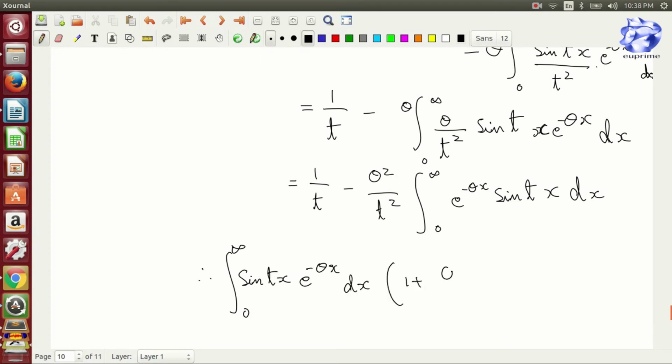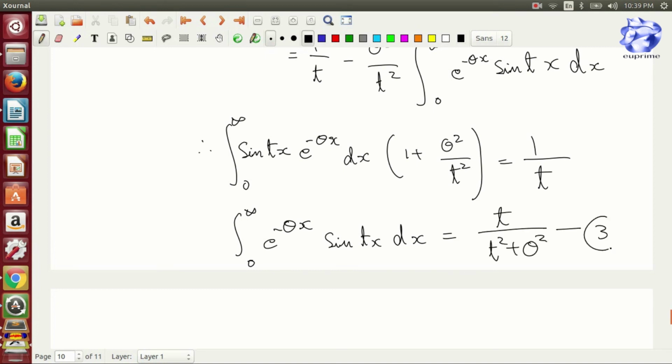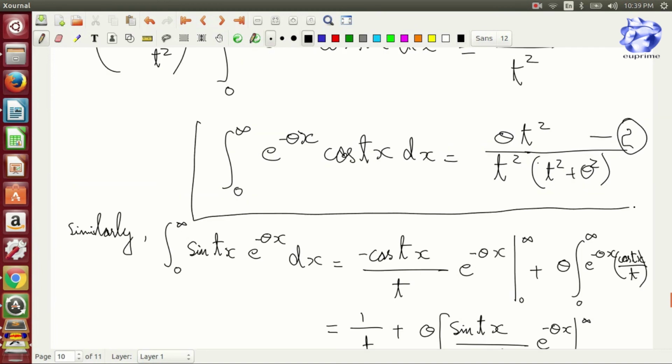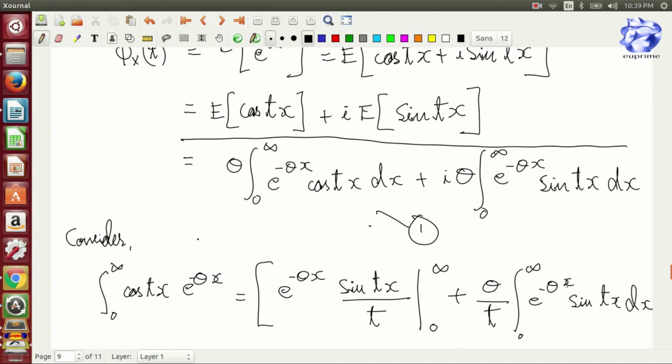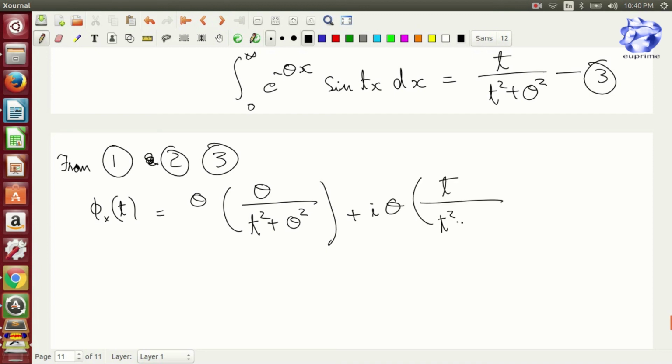Then we will combine them as cis theta plus, so we will write theta into the integral value that we got for cos tx, and plus i theta into the integral value which we got for sin tx. So the characteristic function we will get in terms of theta and i t, which is theta by theta minus it. So we have found this function using 3 methods, and we got the same answer every time. So we are consistent.